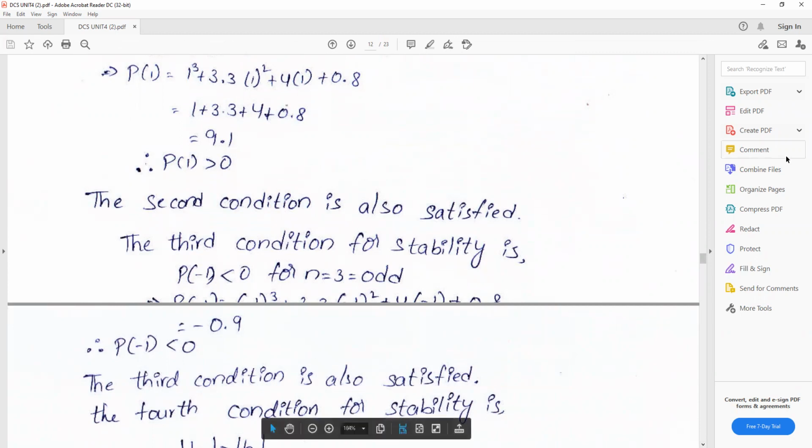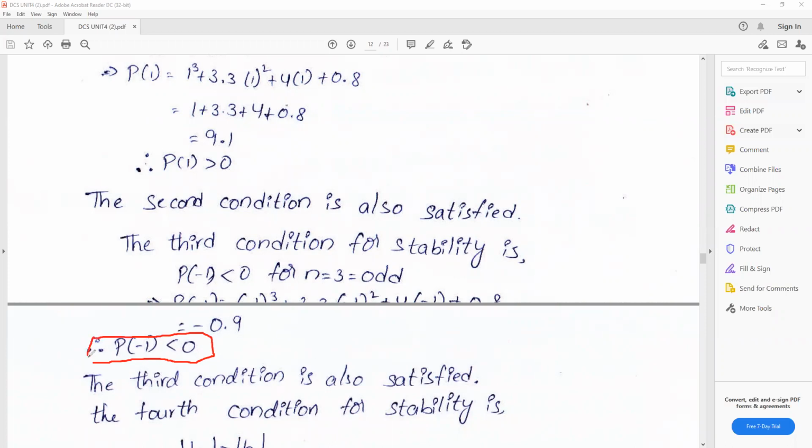The value of P of minus 1 is minus 0.9, which is less than 0. The third condition is also satisfied.